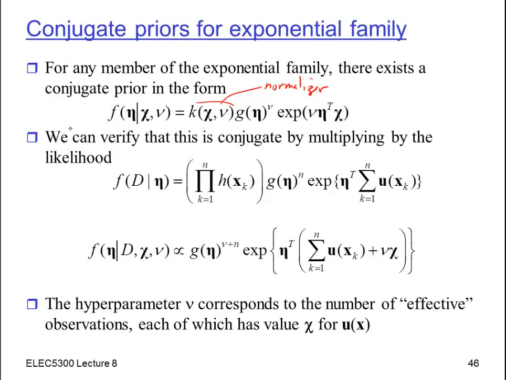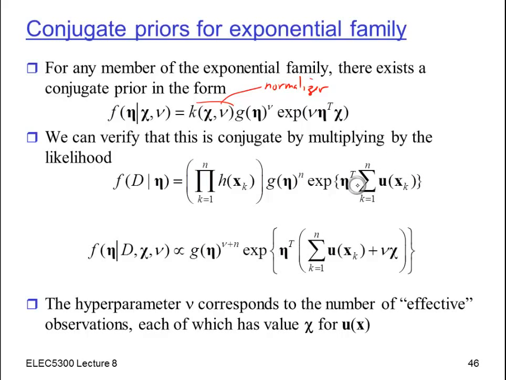So we can verify that this is a conjugate prior just by multiplying by the likelihood, right? So the likelihood is this, where I have taken into account that I have n pieces of data, so I've multiplied the likelihood. G of eta here doesn't depend on the data, so I just raise it to the nth power, and multiplying the exponentials here is the same as taking the exponential of the sum inside here.